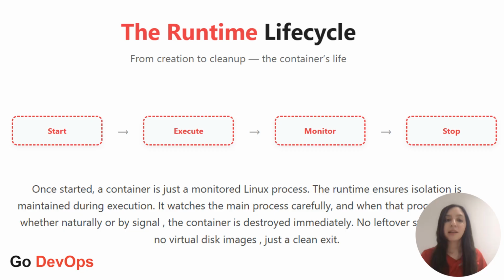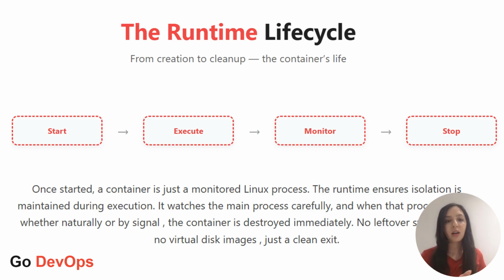When a container is launched, what actually starts is a regular Linux process, and this process is isolated and managed by the container runtime, which controls its environment throughout its life. So the life cycle begins with the start phase, where the runtime sets up the container namespace, mounts its isolated file systems, and applies cgroups for resource limits.